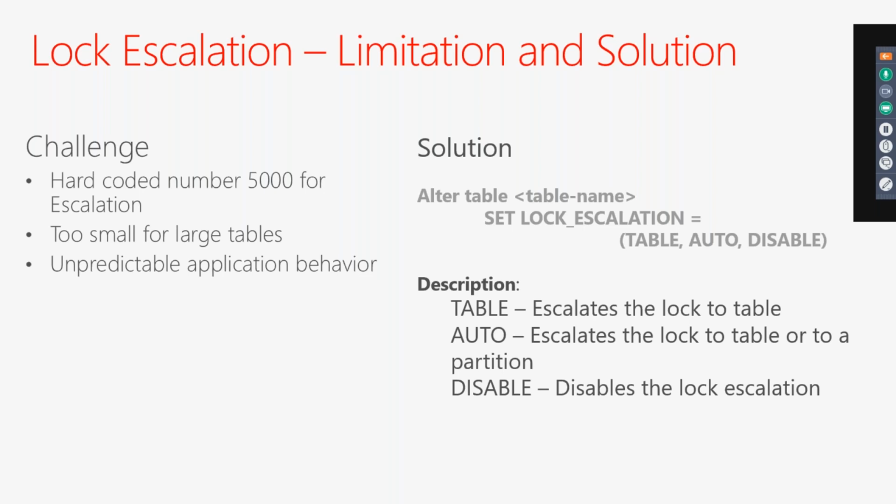Now we allow you to say, for this table, do not escalate, that means disable lock escalation. Or you can say my escalation is at a table level, that means I escalate from row to the table. Or if you choose auto, it can escalate to a table or to a partition level. So this is pretty much what we provide.